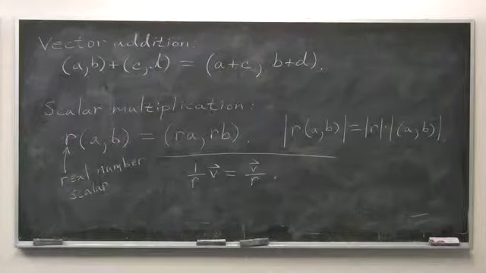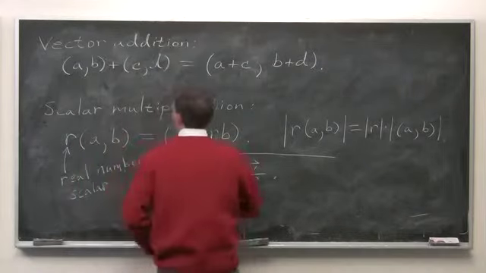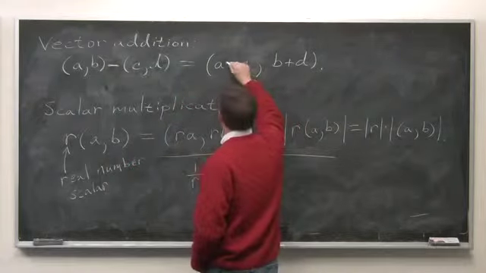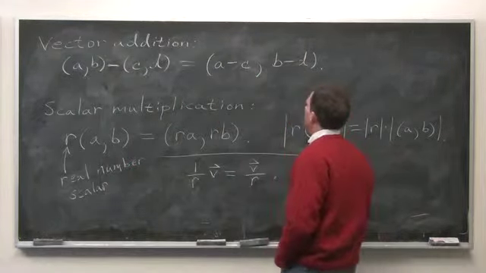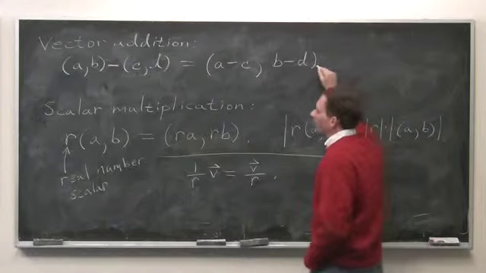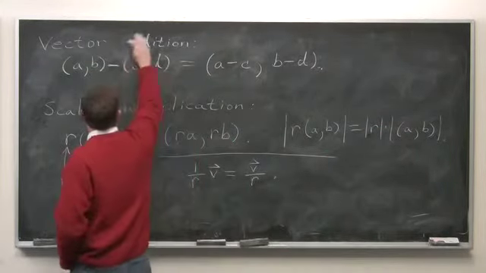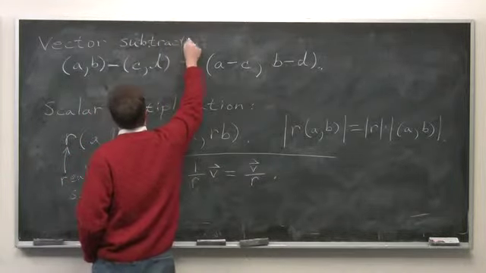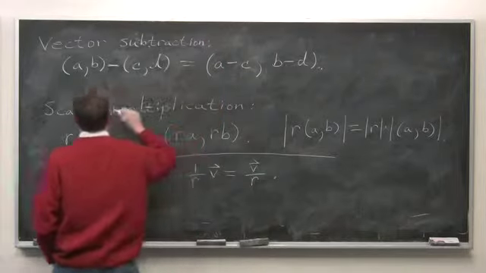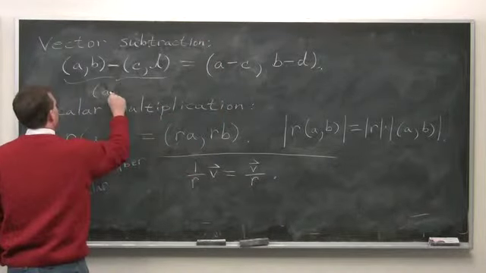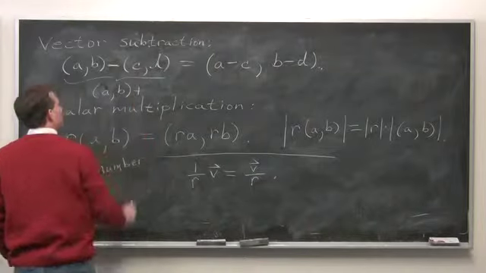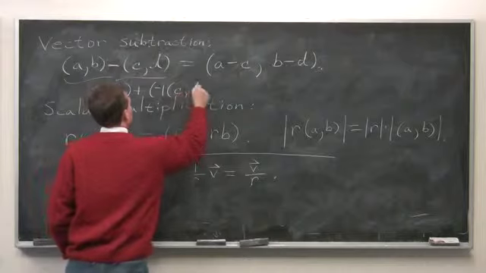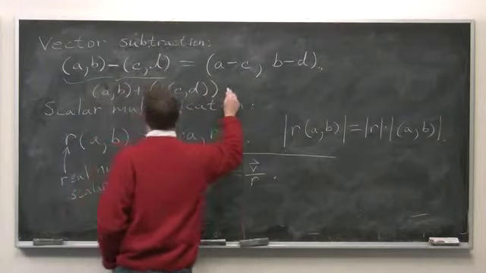Oh, I guess while I'm defining that, I might as well define subtraction. There's no reason that you can't define vector subtraction. You just subtract component-wise. That is, of course, the same as taking AB plus, using vector addition, the scalar minus 1 times CD.